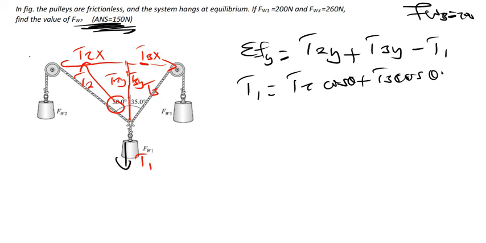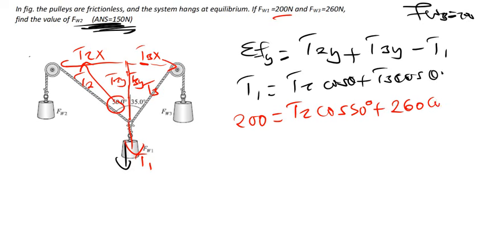Then this one which is going down, we have been given that it is 200, which is T1. So T1 is 200, and T2 is the one we are trying to find. Then we have T2 cos 50 degrees plus T3, which is 260, so 260 cos 35.